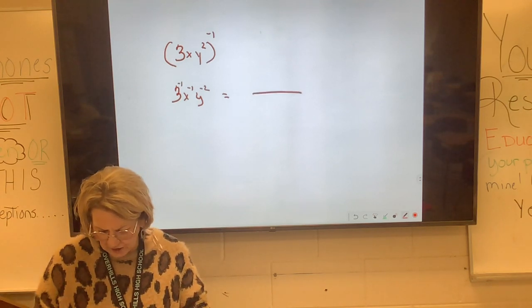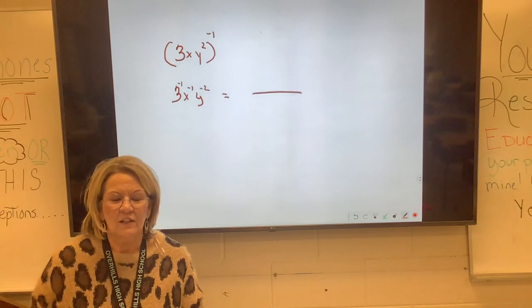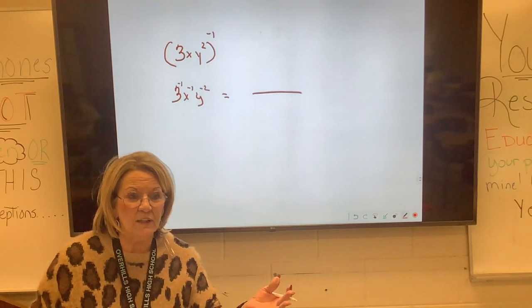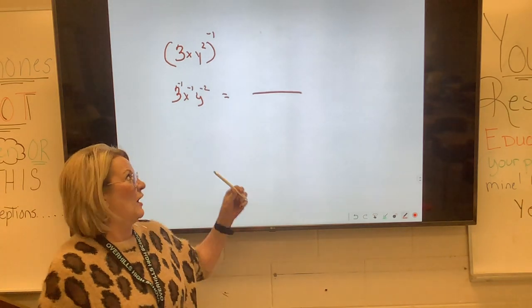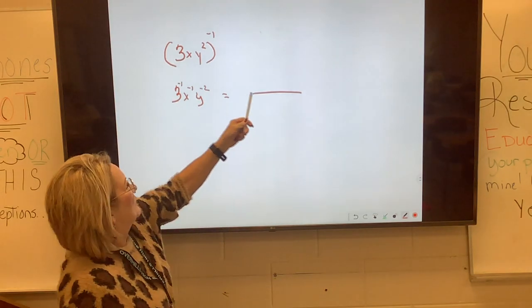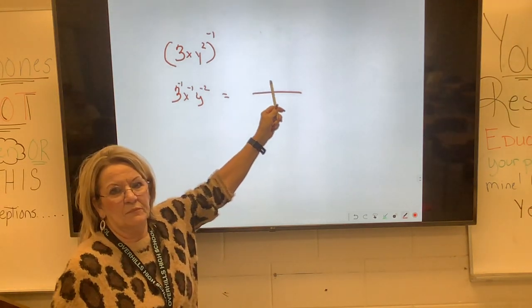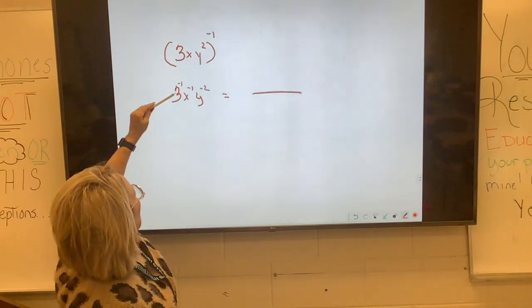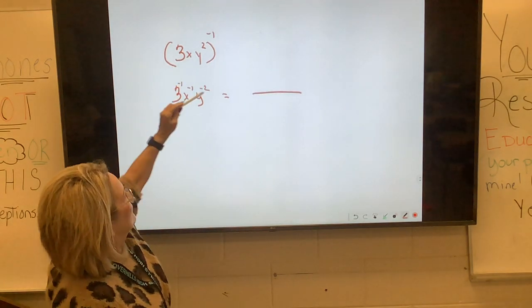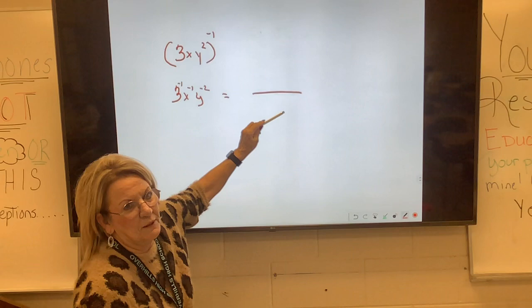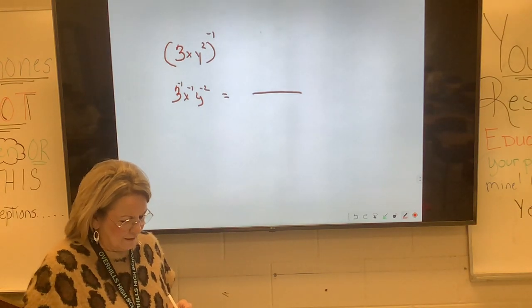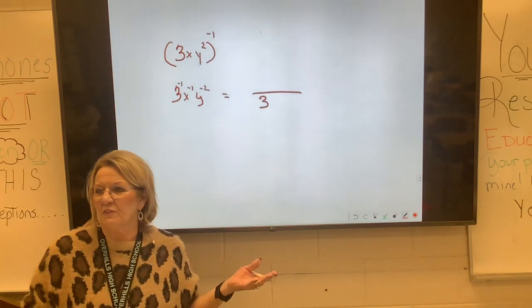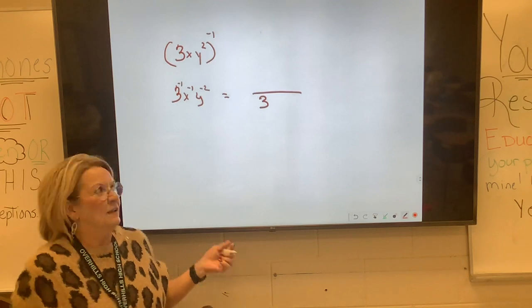In order to change that 3 to the negative 1 to a 3 to the positive 1, it has to go to the other side of the fraction bar. Right now, if I put these with this, they'd all be on the top. But if I want that 3 to the negative 1 to be a positive, I have to pull that 3 to the bottom. And 3 to the first power is just 3.